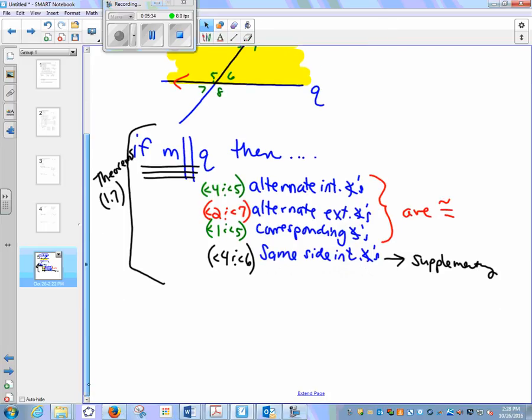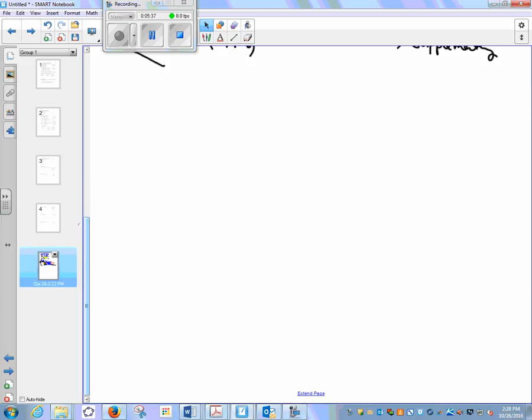Once we moved on to lesson 1.8, okay, the difference now is they are going to give you a relationship about the angles, and then you're concluding the lines are parallel.